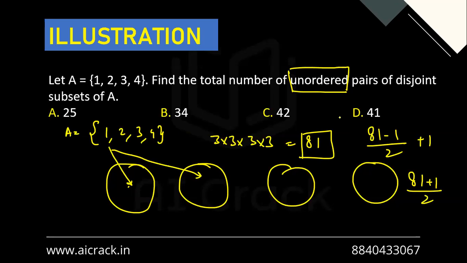So both of these are correct. Why did I do that? Because every ordered pair was getting repeated, but in the case of the null set, it was not getting repeated. So either subtract it and add it manually, or add 1 and divide by 2. Both ways we get the answer as D.